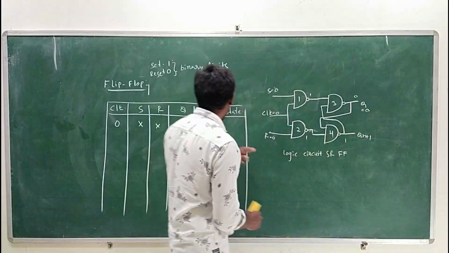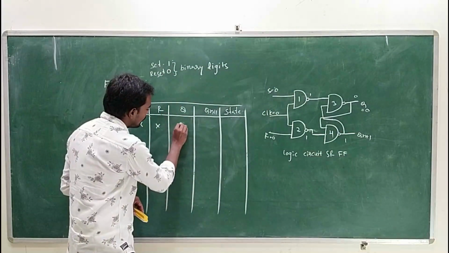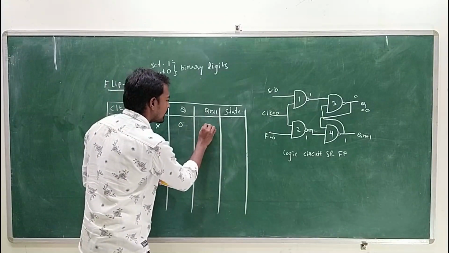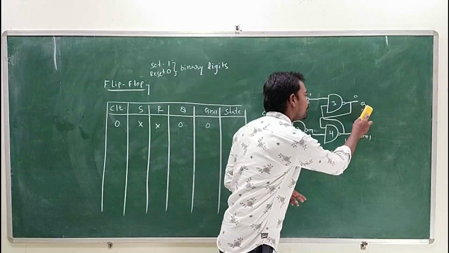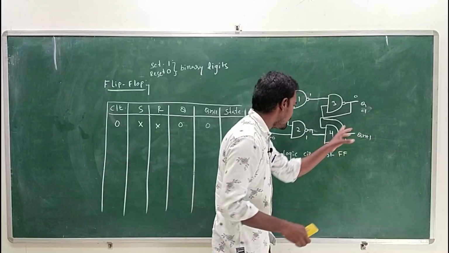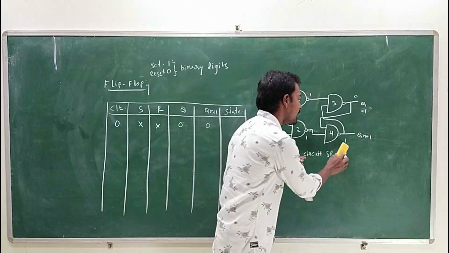So if we are giving the Q input equal to 0, then we will get the next state also equal to 0. And if I am giving Q equal to 1 here, and 1 cross 1 is equal to 1, 1 complement 0.